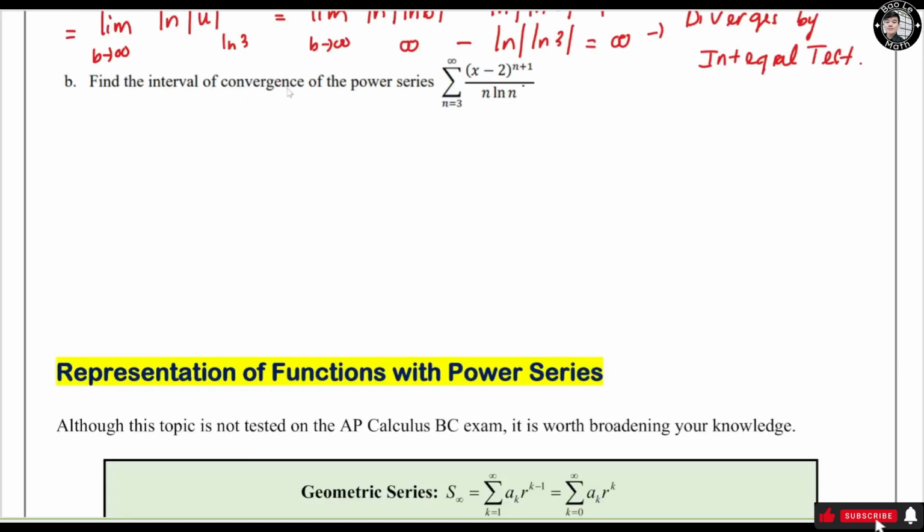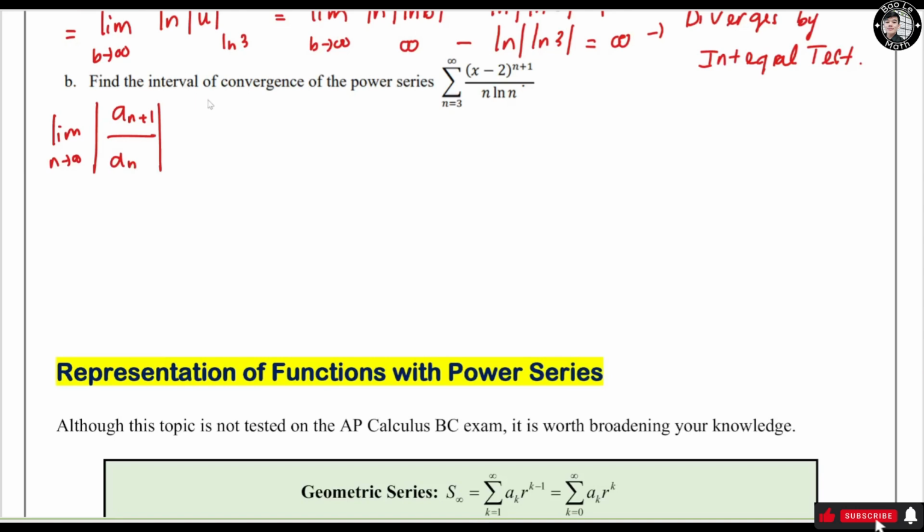Find the interval of convergence of the power series right here. So we're going to use the ratio test. We're going to take the limit of the absolute value of a sub n plus 1 over a sub n as n approaches infinity.